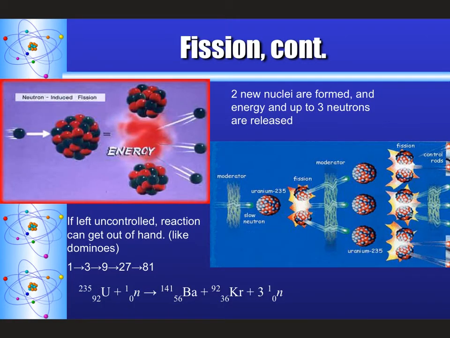So the reason we use this example of neutrons and uranium is because a neutron can create a chain reaction within uranium, because a chunk of uranium would not be made of one uranium atom. It would be made of a bunch of uranium atoms.